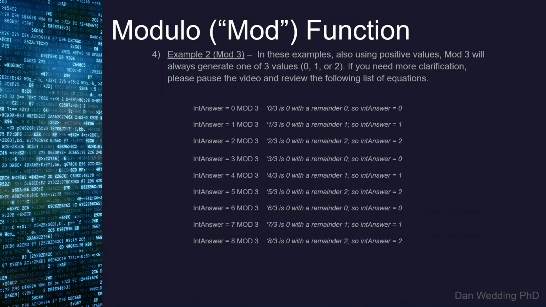In these examples, also using positive values, mod 3 will always generate one of three values, 0, 1, or 2. If you need more clarification, please pause the video and review the following list of equations.